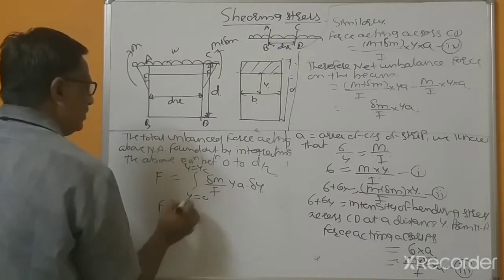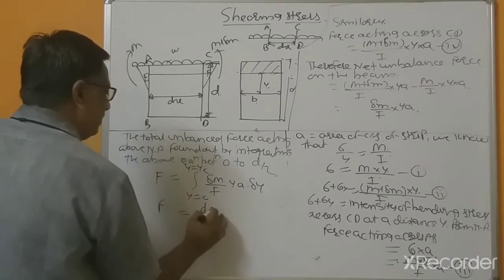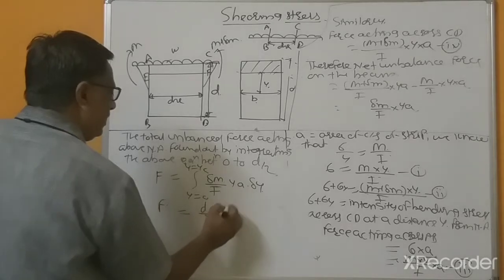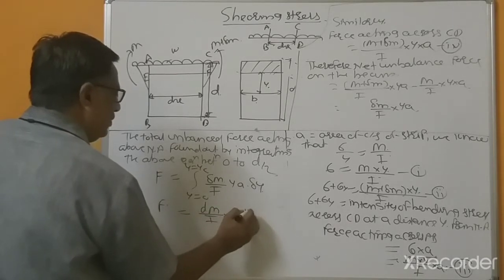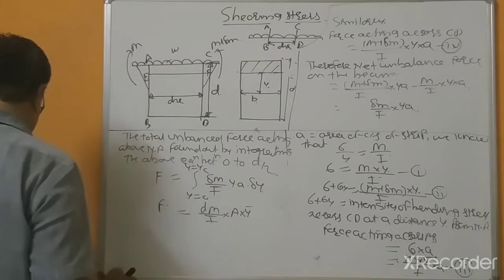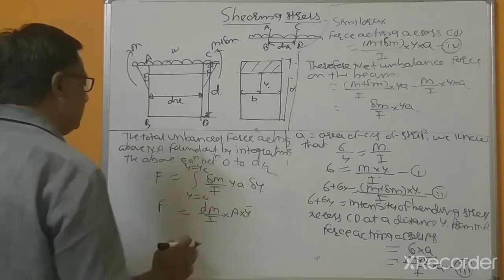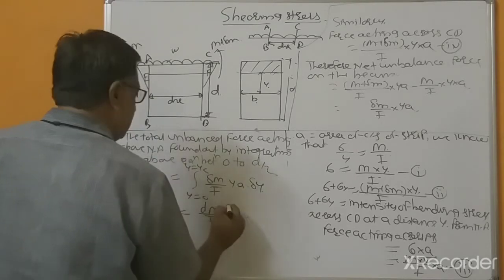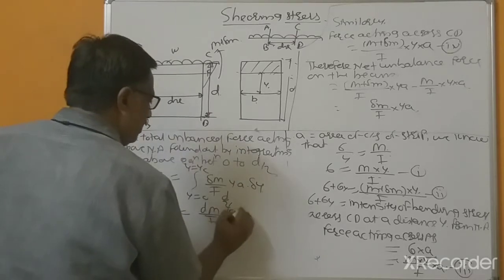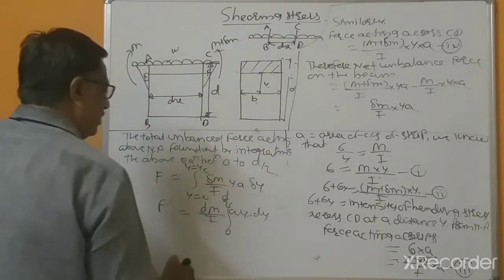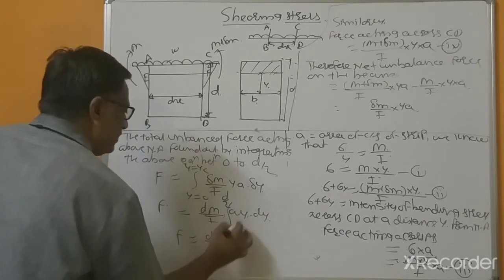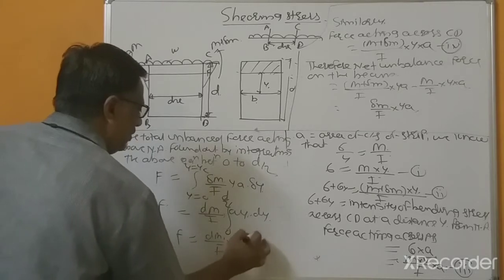So this is delta M, this is dM divided by I, multiplied by this is A into Y bar. Otherwise, for understanding purpose, integral from 0 to d by 2 of AY into dy, and this is F equal to dM, this is capital A into Y bar.